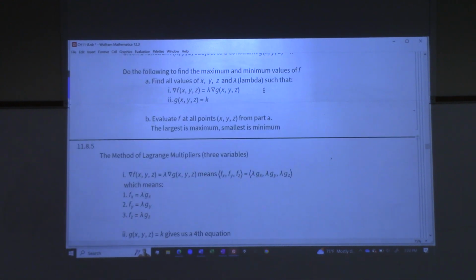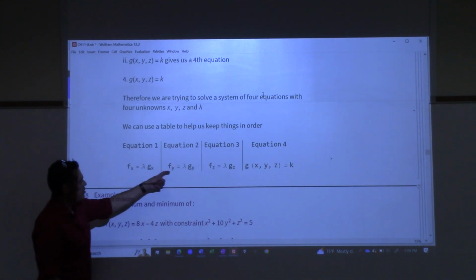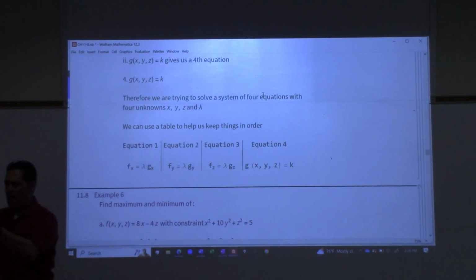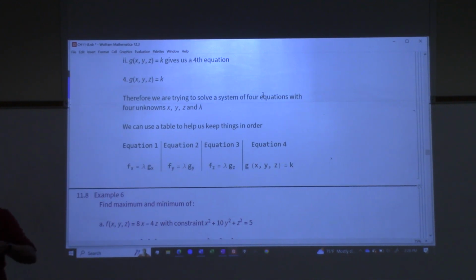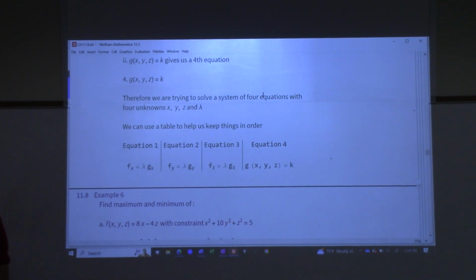So now you're going to have 4 equations. This one, this one, this one, this one. So you have to find out the x, the y, the z, and the lambda that make all 4 equations true simultaneously. Solving 3 equations and 3 unknowns has been already a little bit, now we get 4 equations, 4 unknowns, and this is where the algebra starts to get fun.